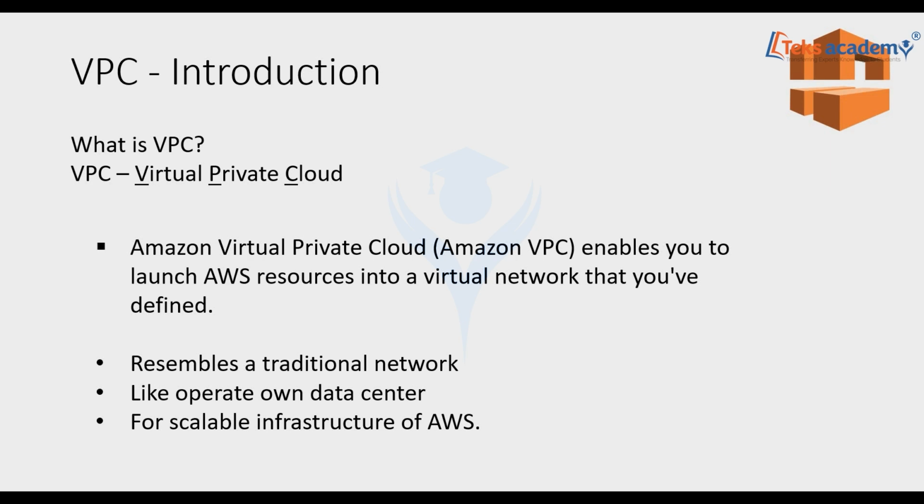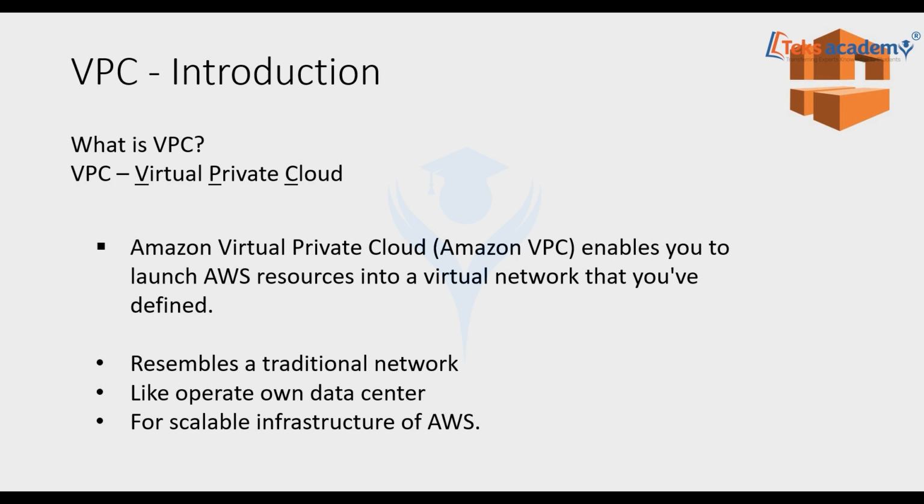So this virtual private cloud resembles a traditional network, but it will be virtual. In this VPC, we can operate our own data center within that. It is used for scalable infrastructure of the AWS.